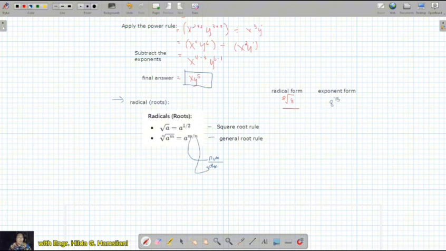Another example will be the square root of x raised to 5. The equivalent exponent form will be x raised to 5 over 2. Another example will be the fourth root of y raised to 3, which has an exponent form of y raised to 3/4.